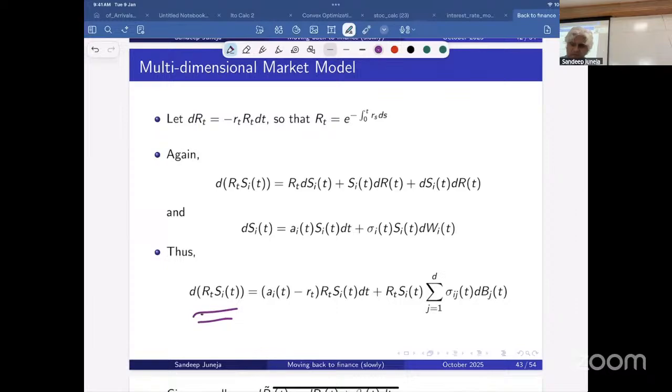So we come up with the representation of d(R(t) S_i(t)), the discounted process. To understand this, we use Ito's lemma. It's R(t) dS_i(t) plus S_i(t) dR(t) plus dS_i(t) dR(t). What's dS_i(t) dR(t)? Zero, because dR(t) has finite variation. So you get the following expression here.